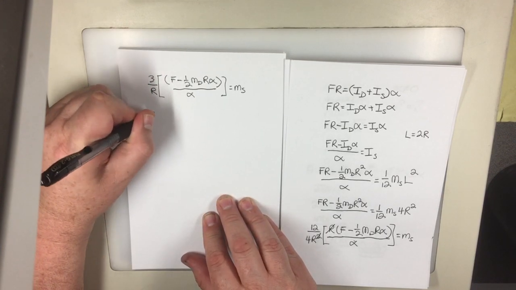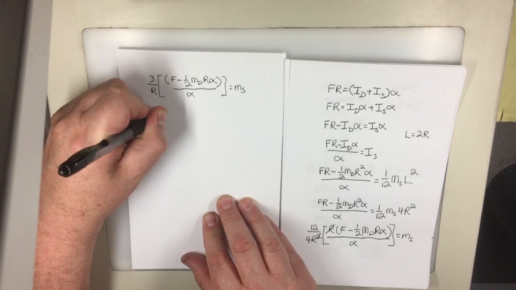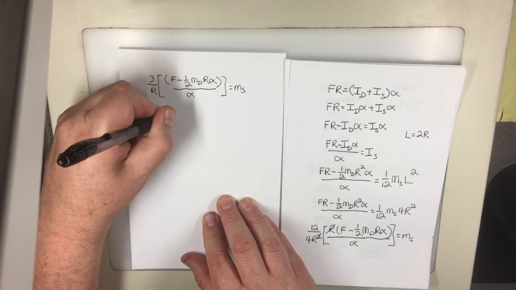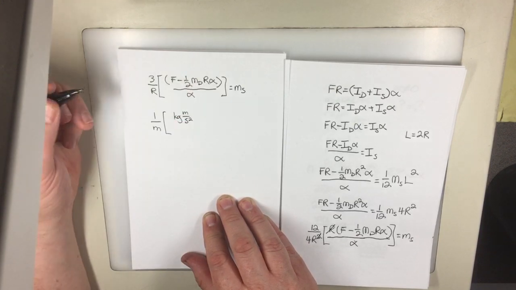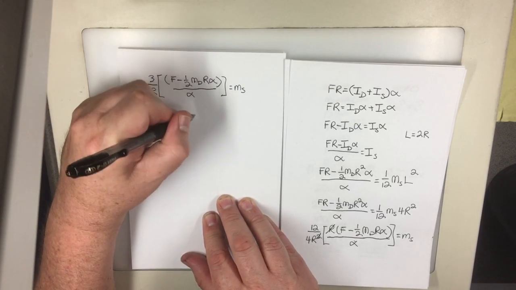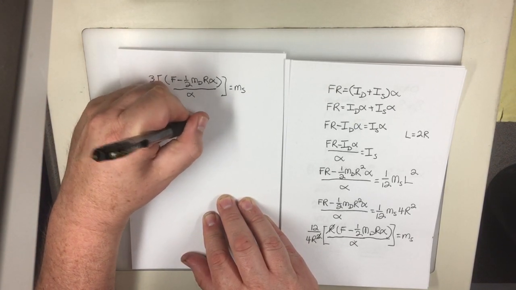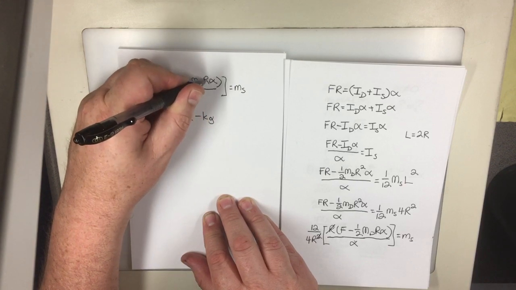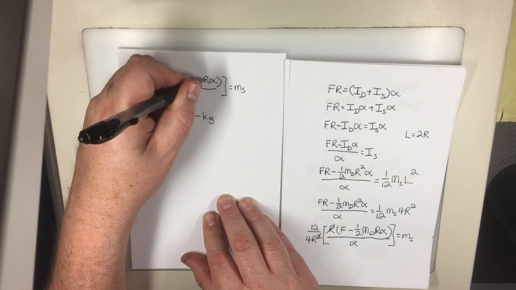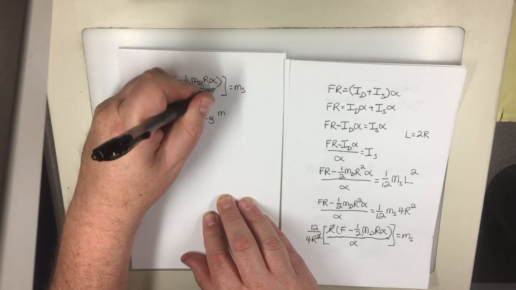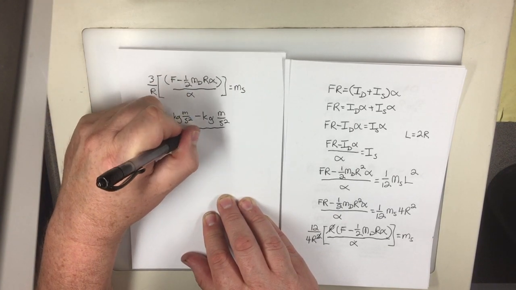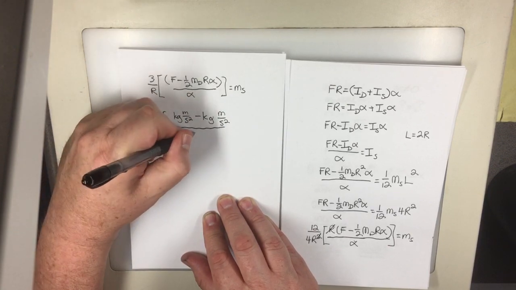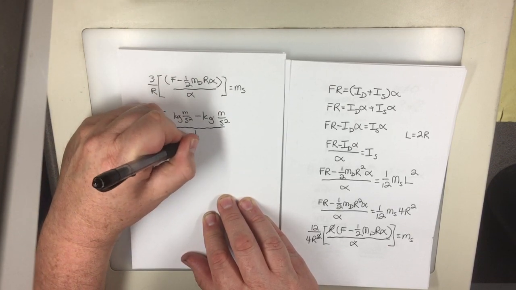3 over r, that's 1 over a meter. A force is a kilogram meter per second per second. Mass, kilograms. That's m, or meter for radius. Alpha is inverse second squared. All of this over 1 over second squared.